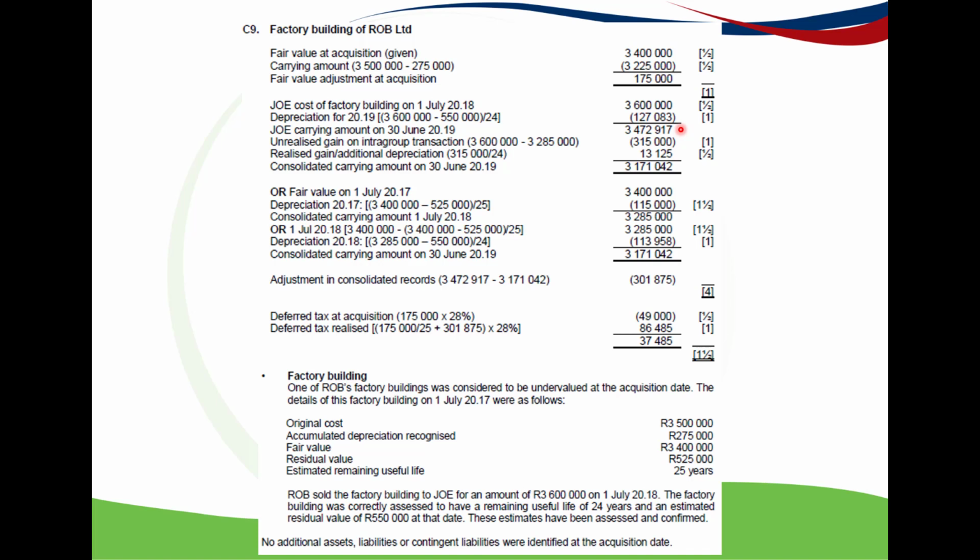But because at the consolidated level it was in the group before the transaction and it's in the group after the transaction, we will continue using the original value of the factory building when we acquired Rob to calculate what the carrying amount for that building should have been, the 3.1 million. Therefore, we know we have to reduce the factory building balance in the consolidated records with the difference. And then the related tax consequences for our deferred tax asset line item.